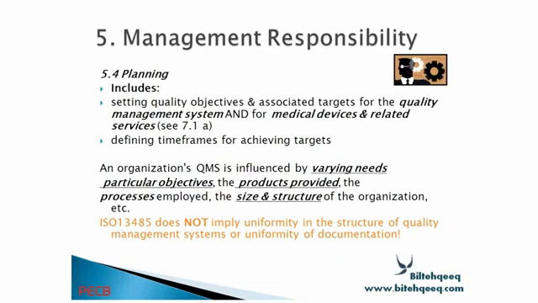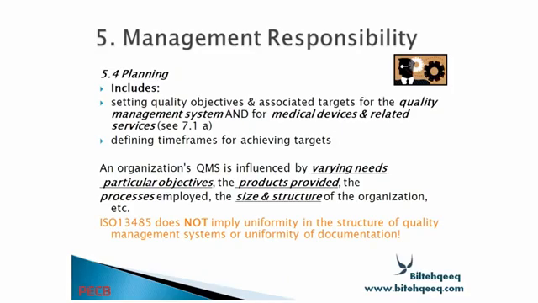5.4 is planning, which includes setting quality objectives and associated targets for the quality management system and for medical device related services, and defining a time frame for achieving targets. We have to plan and set the targets, and we have to describe in what way we will be able to achieve these objectives.